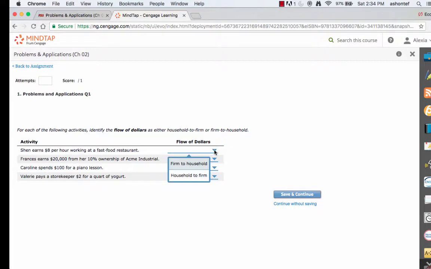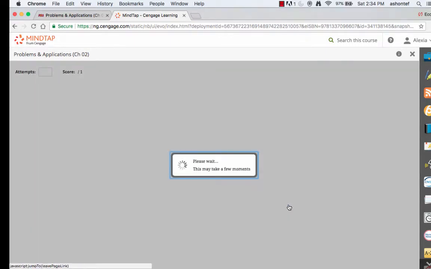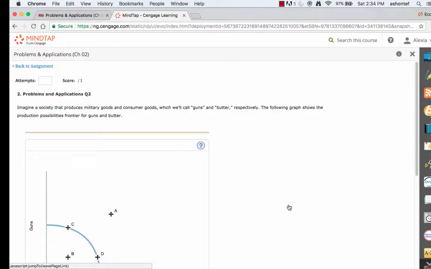Is the firm going to be paying the household, which is Sean, or is the household paying the firm? So Sean is earning $8 by working at the fast food restaurant. So I'm going to tell you that's obviously going to be firm to household. And you're just going to go down and read the questions and decide which flow, where the money's going, from who to who. In all cases, it's either going to be firm to household or household to firm.